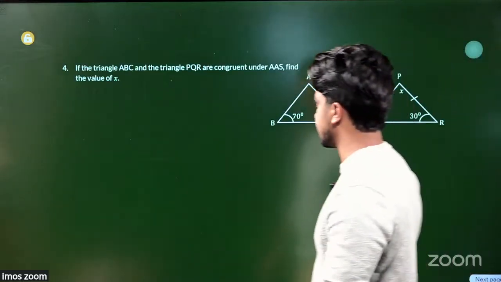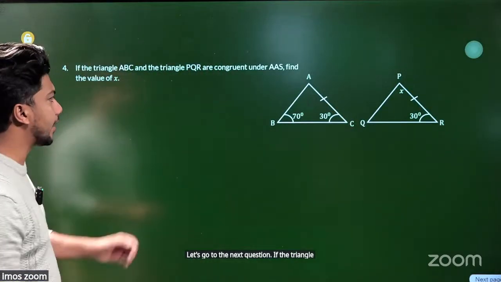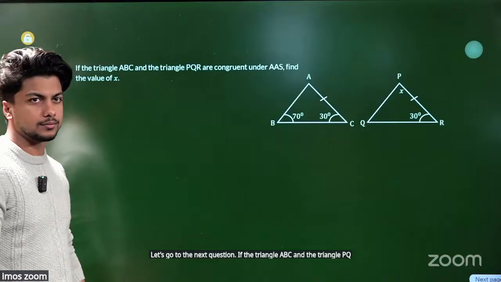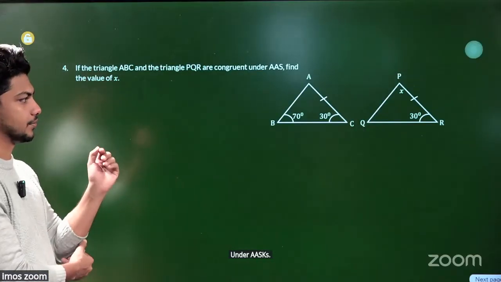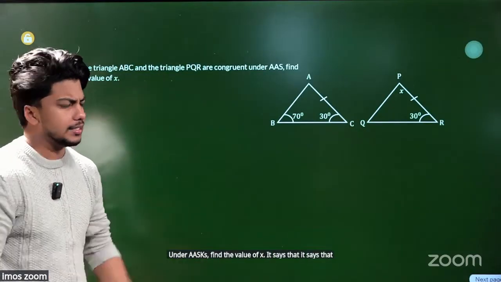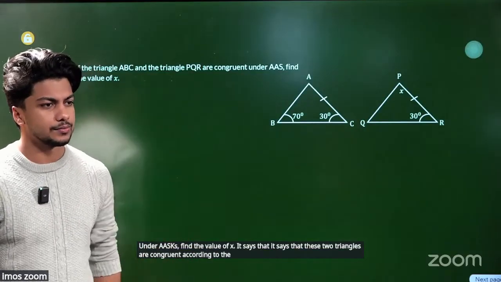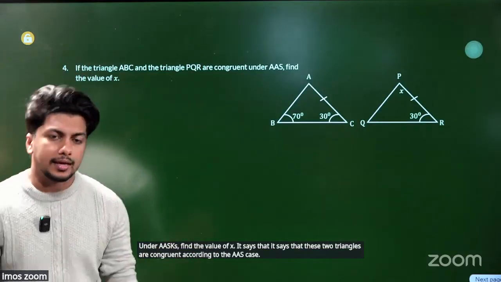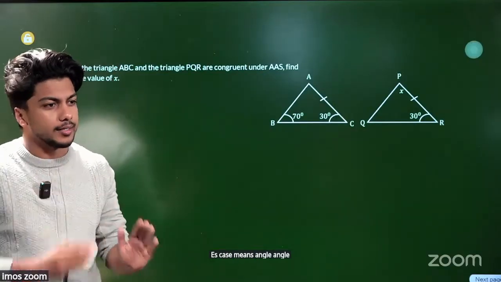Let's go to the next question. If triangle ABC and triangle PQR are congruent under the AAS case, find the value of x. It says that these two triangles are congruent according to the AAS case. Right. AAS case means angle, angle, corresponding side.